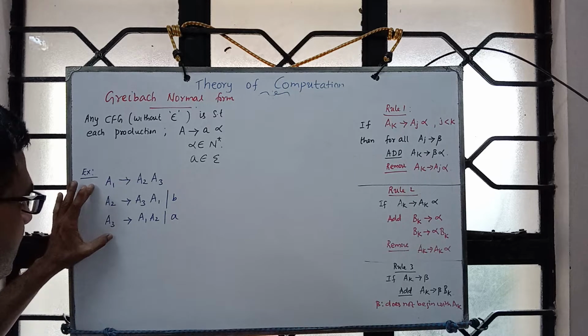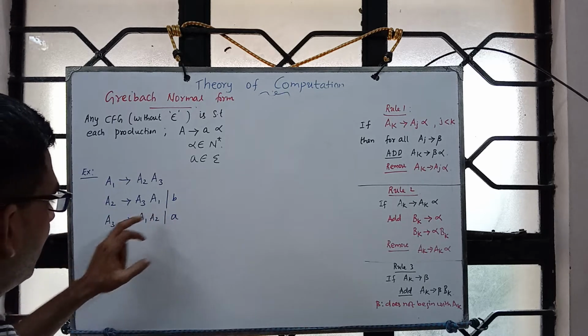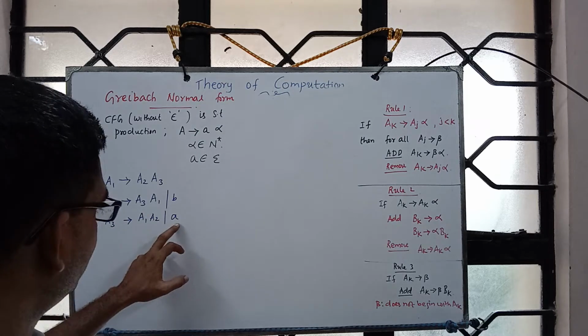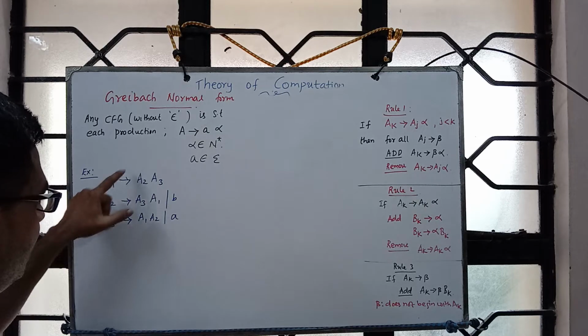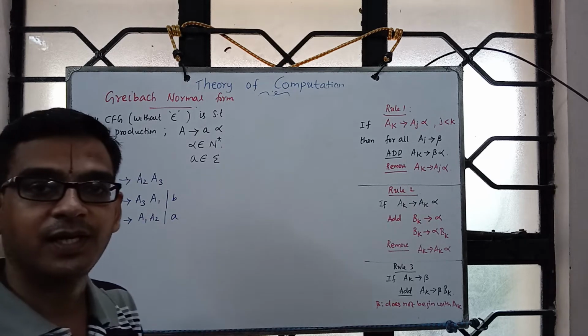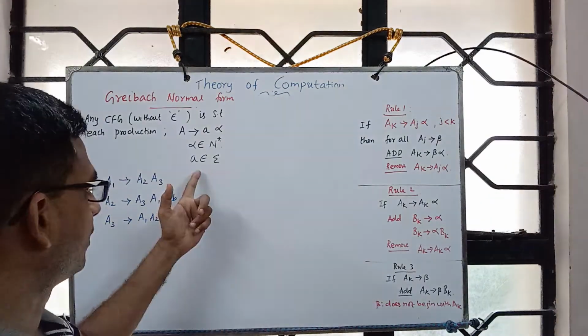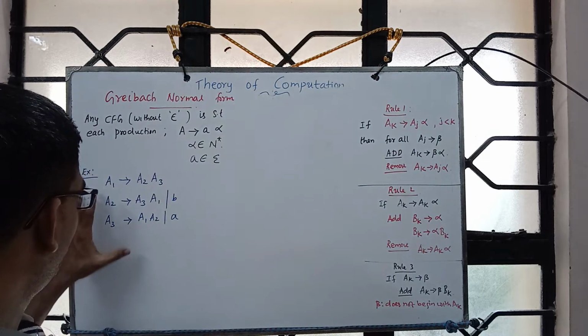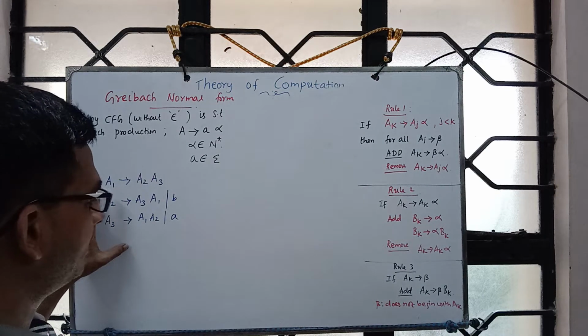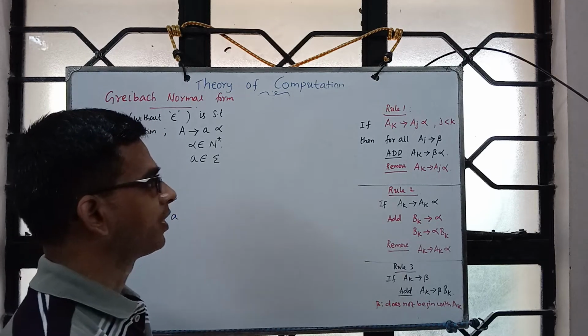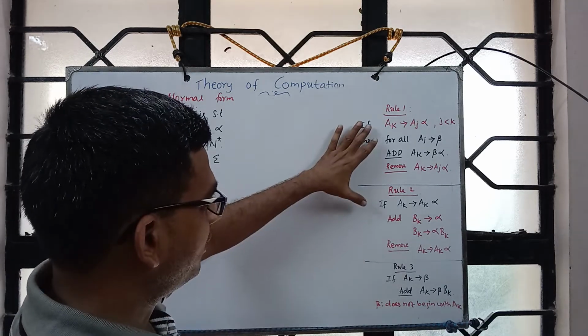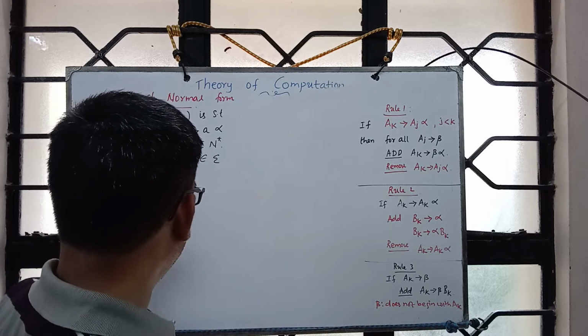Now if you look at this, A2 implies B and A3 implies A respect GNF, but these three do not respect the GNF property. Therefore, we want to rewrite this following this procedure. This is applicable for each production.